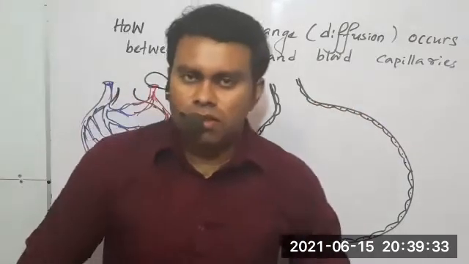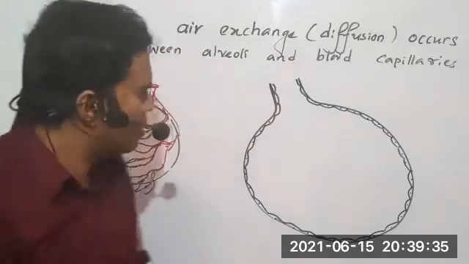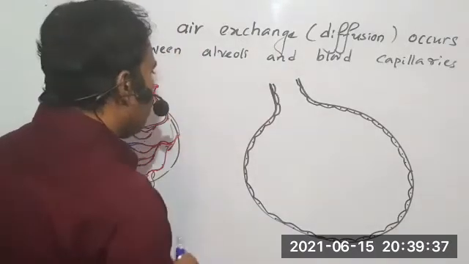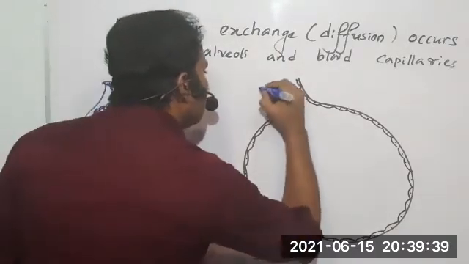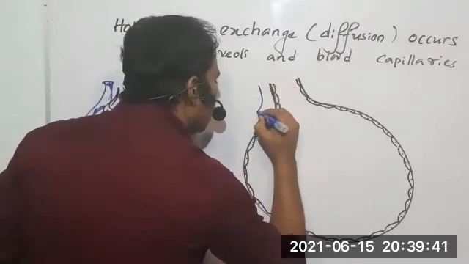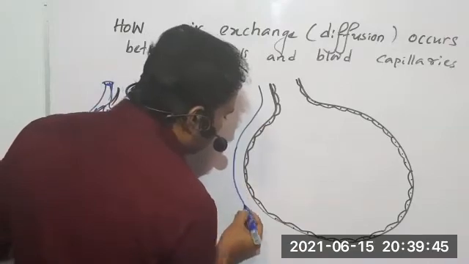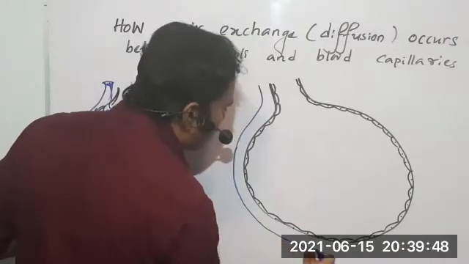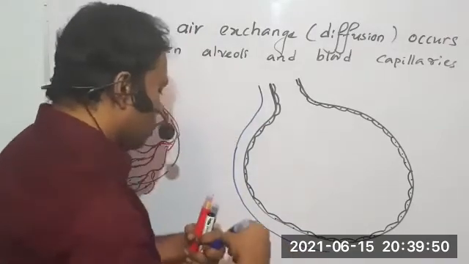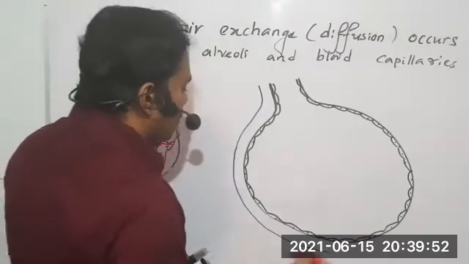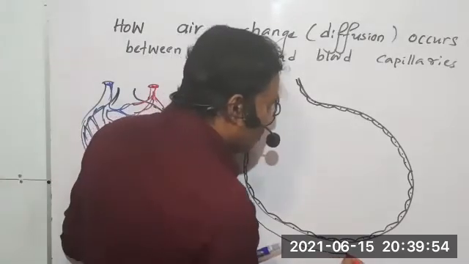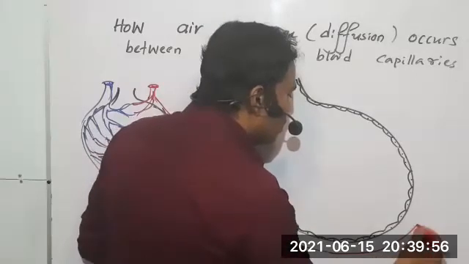Okay. So you can see another important thing, blood vessels are moving closer to this. So here's the blood vessel. That's the pulmonary artery without oxygen. Hereafter, it is oxygenated.